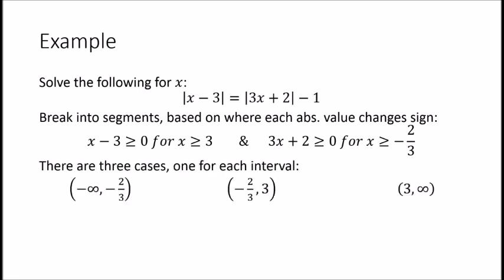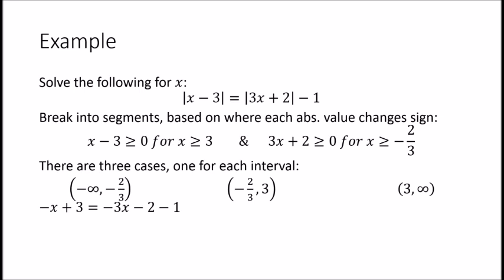As a result, we then have three intervals we're going to consider. One where x is less than -2/3, one where x is between -2/3 and 3, and one where x is greater than 3. So to do the first, the absolute value on the left-hand side is negative under this condition, and so we need to take a -1 and distribute it across that expression, so we get -x plus 3.